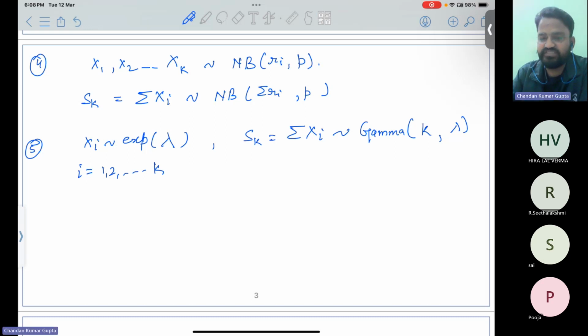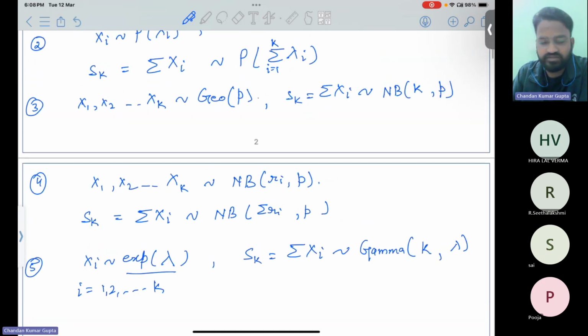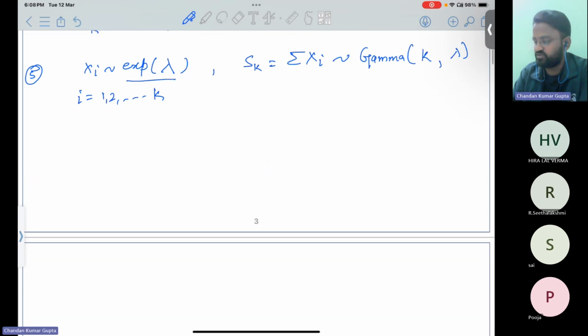So these are some of the properties here. Exponential converts into a gamma distribution, geometric into negative binomial, and so on.